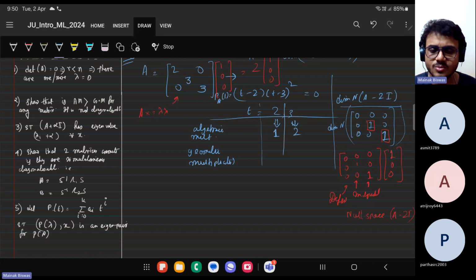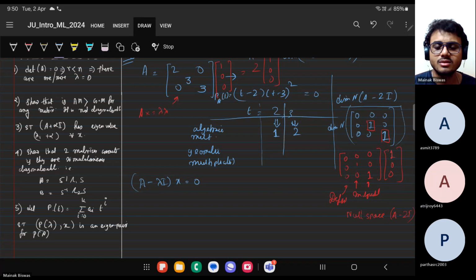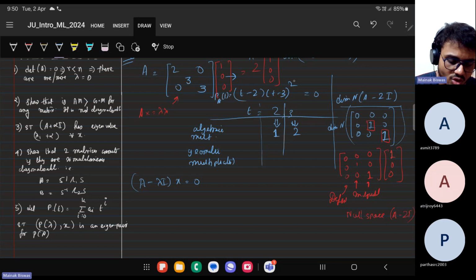What are we solving? A minus lambda I x is equal to 0, right? And we saw that if lambda has repeated roots, we are trying to see if x also has different vectors or not. In this case, we do not have that. So what is the dimension of the null space? You already told me it's 1, right? Correct?